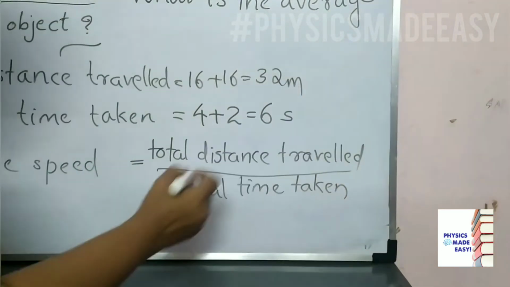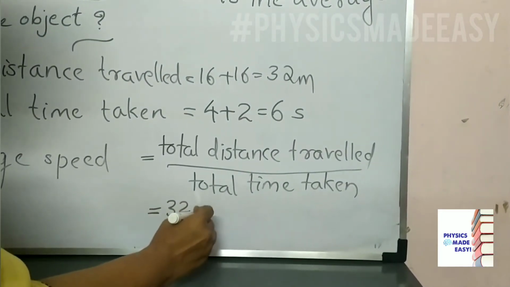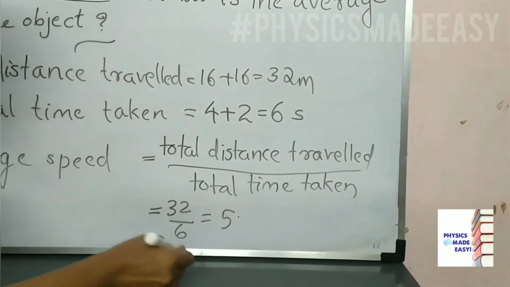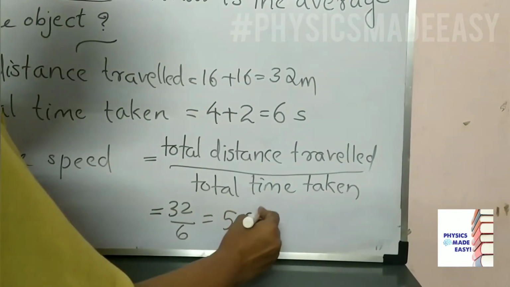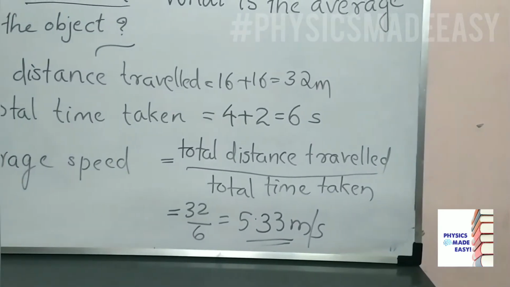Then you can substitute 32 divided by 6. Then you will get 5.33 meter per second. Unit must be there.